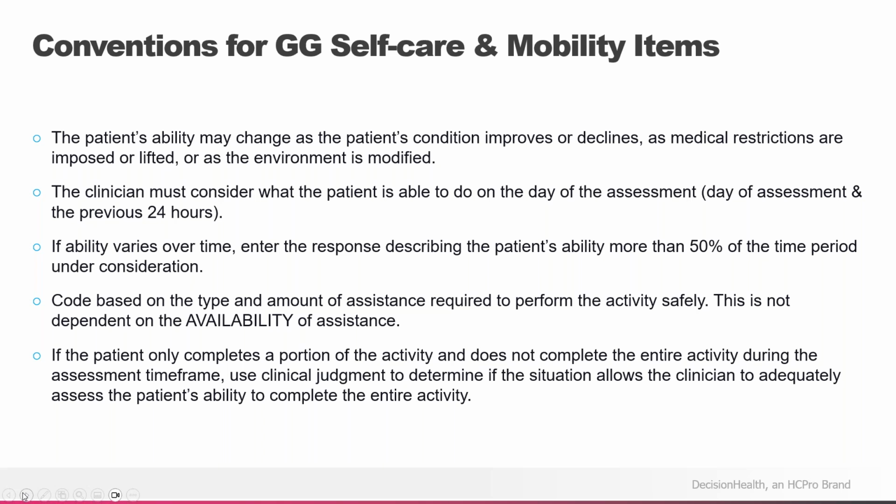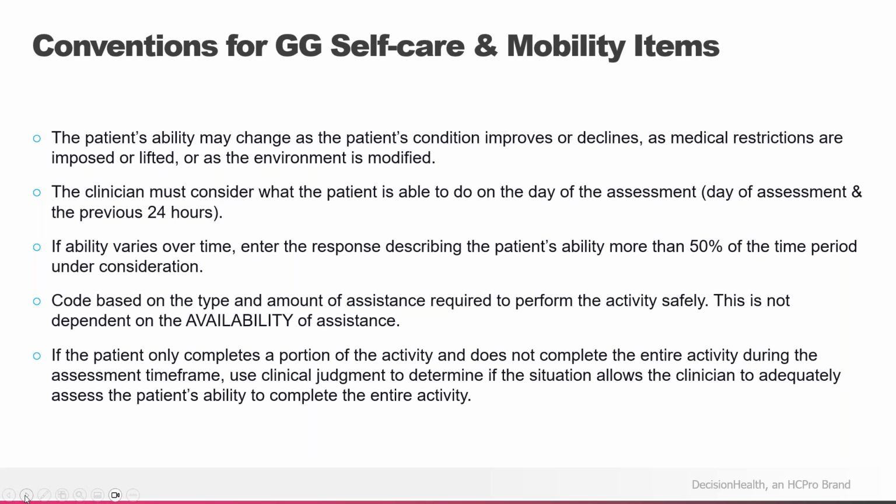It doesn't say how much assistance do they need from that caregiver that they have right now. We're looking at overall, if they have a caregiver, assuming they're going to get a caregiver, how much assistance would they need from that person? Again, they don't have to be available now, but we still want to answer it based on what we infer from all the information that we have.